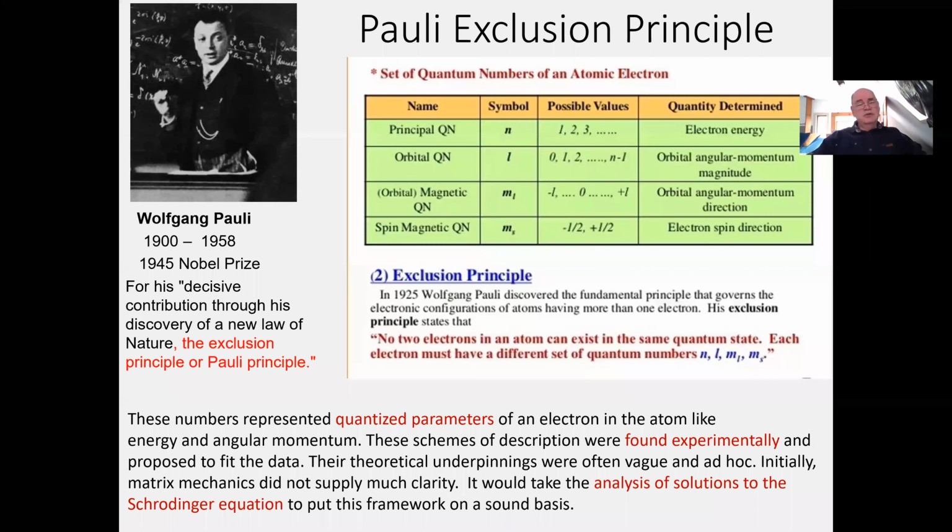But his other great contribution, which he wins the Nobel Prize for, is the famous exclusion principle that says that unlike photons, which like to hang together, which like to have the same properties, electrons are the exact opposite.